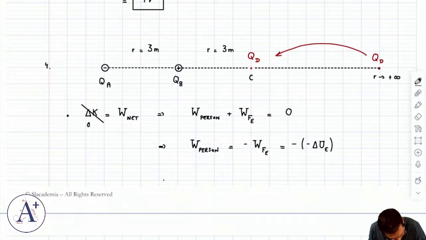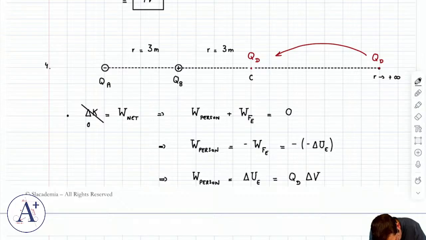So what it means is that to find the work done by the person, we just need to find the change in electric potential energy of QD, which means we have to compute QD times delta V.